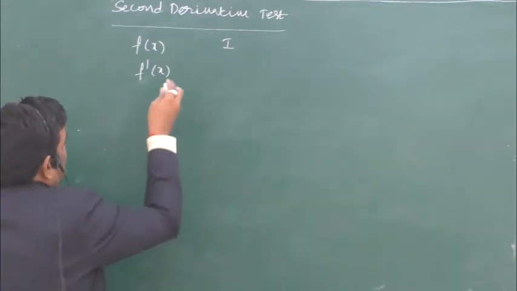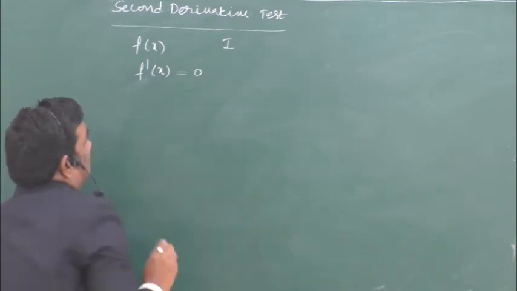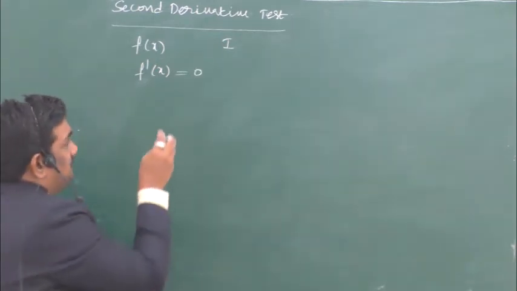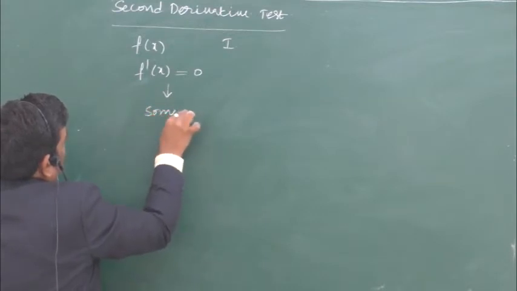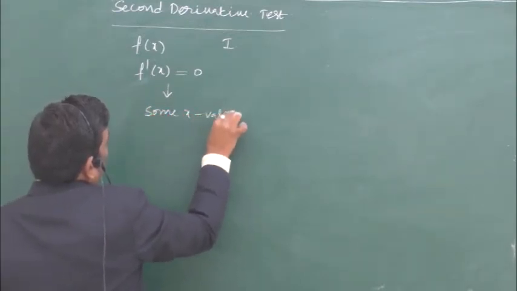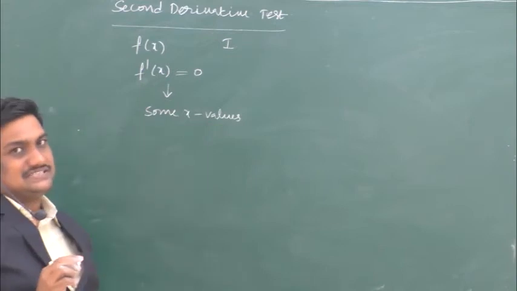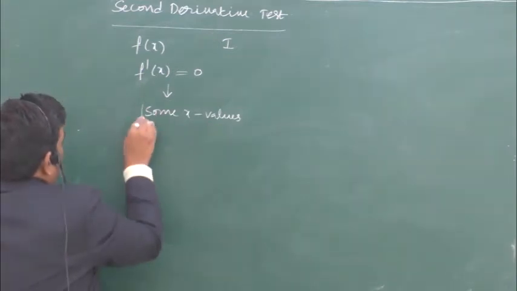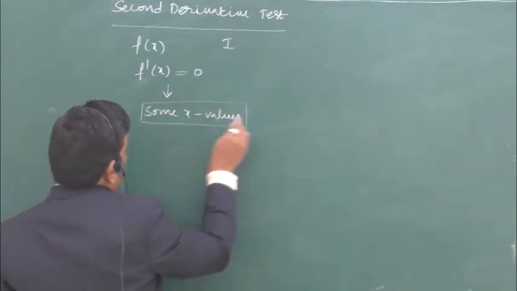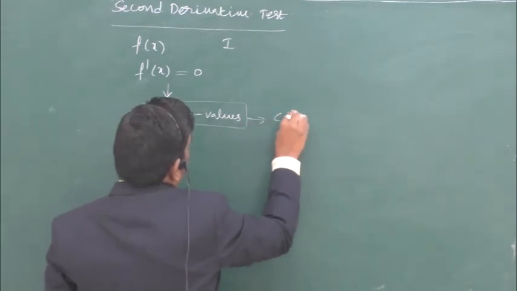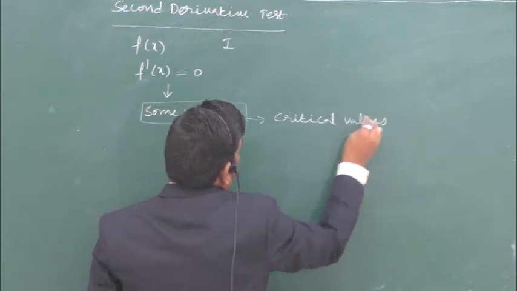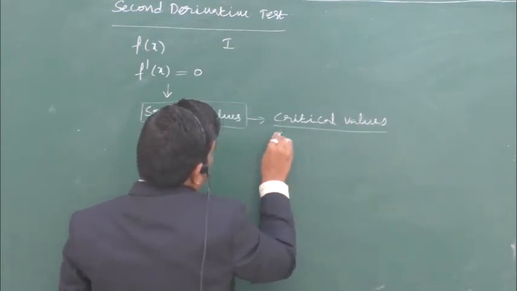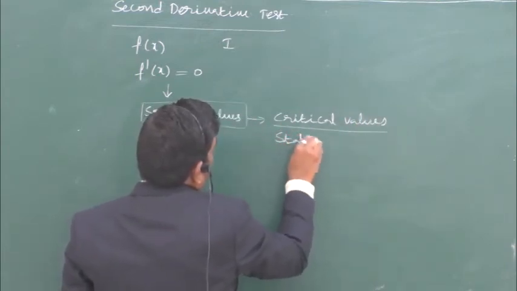Then equate it to 0. There will be some x values. Those x values are called critical values, or the other name is stationary values.